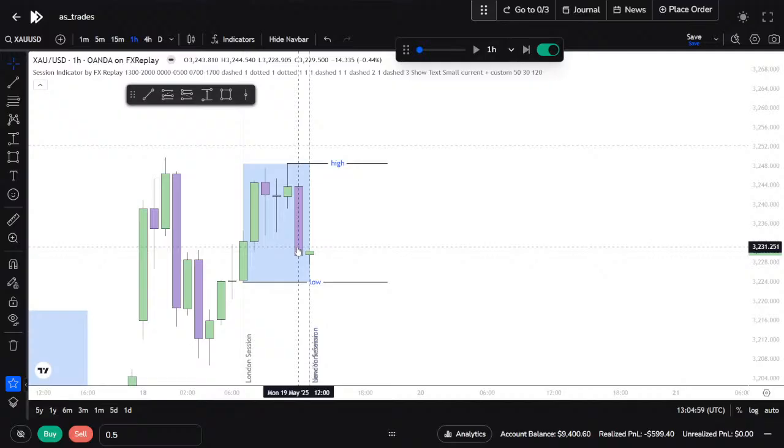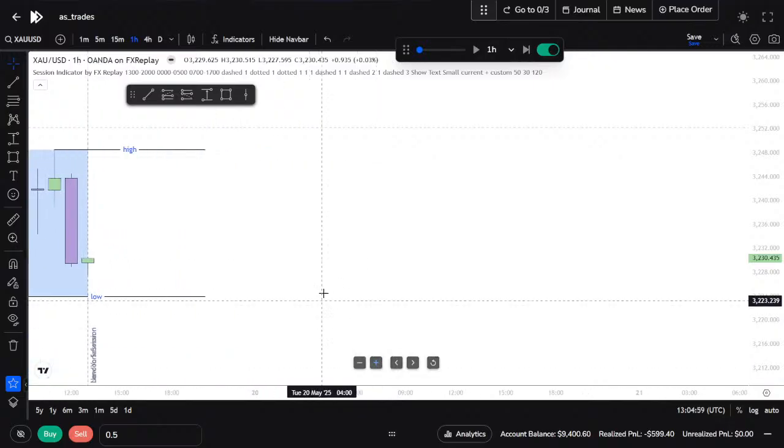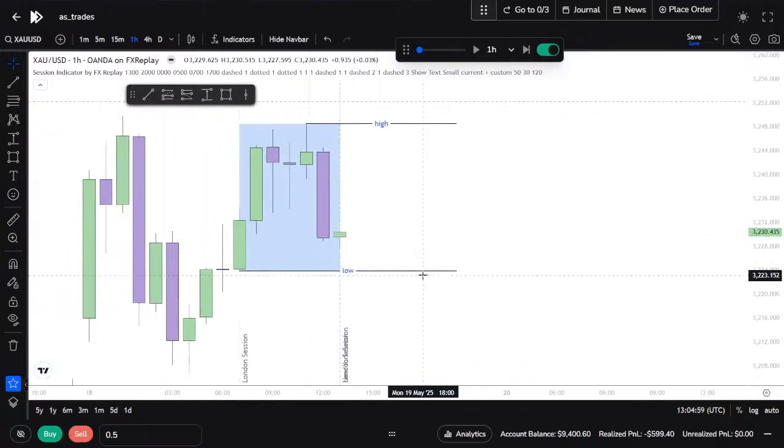So current prediction for today is price is going to take this, sweep this, and then potentially tap into this fair value gap here.